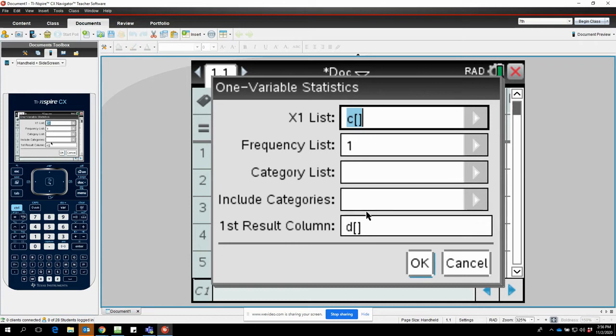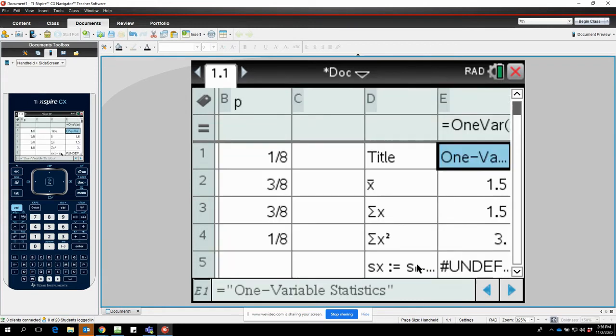The x list, I called it x, which was the number of daughters. And then where it says frequency, you have to change that to the probability, or it's going to give you the wrong answer. So here I'm going to call it P, because that's what the probabilities were stored as, 1/8, 3/8, 3/8, and 1/8. And then after that, leave it alone and press OK.